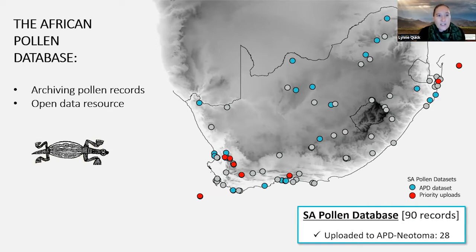I archive all my data in the African Pollen Database, which I'm a data steward for, and that feeds into a larger international database for paleoecology work, which is called Neotoma. So I'm working to make sure that we archive not just mine, but all South African palynology records within this database that's then going to be freely available, open source and online.